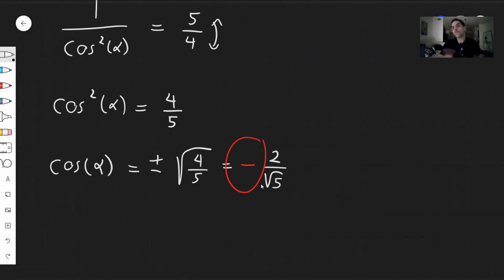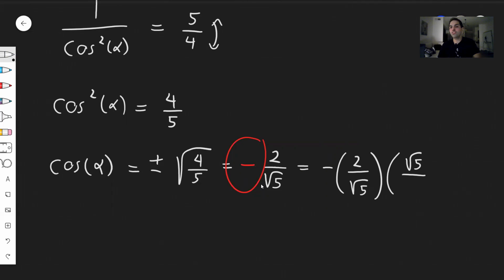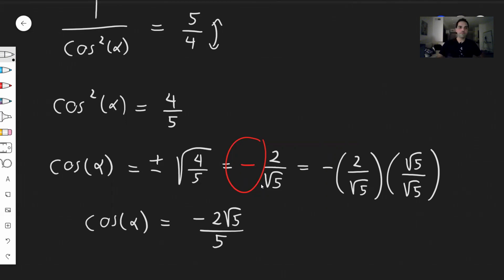Now, minus 2 over square root of 5 is completely fine, but in order to make your algebra easier, what I highly recommend is getting rid of the square root of 5. The way you rationalize the denominator here is you multiply top and bottom by square root of 5. And last but not least, you have cosine of alpha is minus 2 square root of 5 over 5.